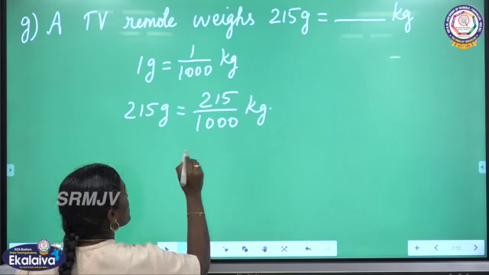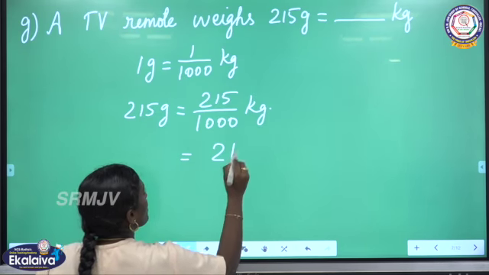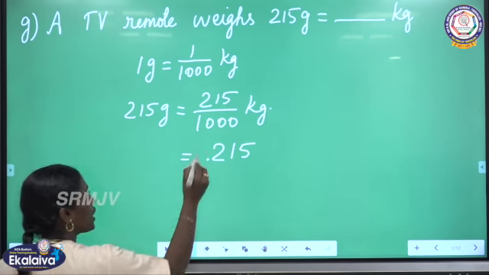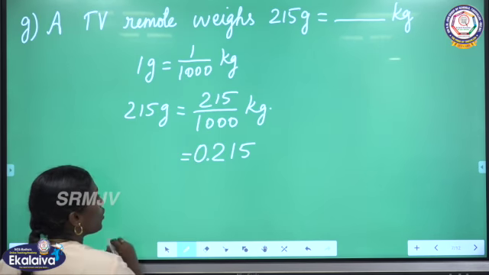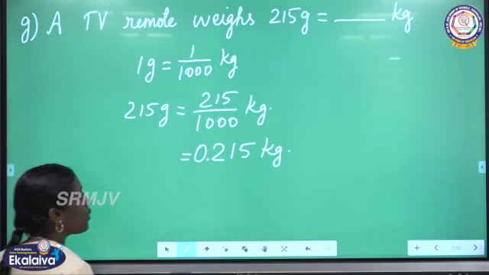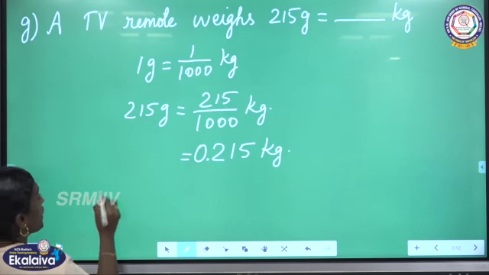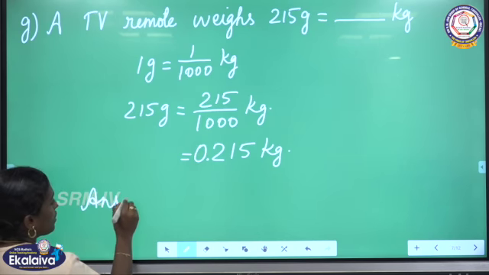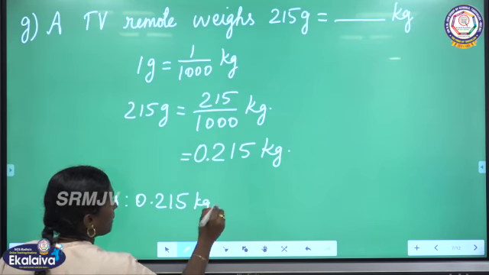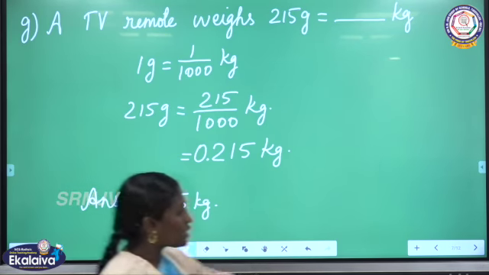Here 3 zeros are there, so we need 3 decimal places. So from the last, before 3 digits, we have to keep the decimal point. The whole number part is 0. So the answer is 0.215 kilogram. So weight of the TV remote is 0.215 kilogram.